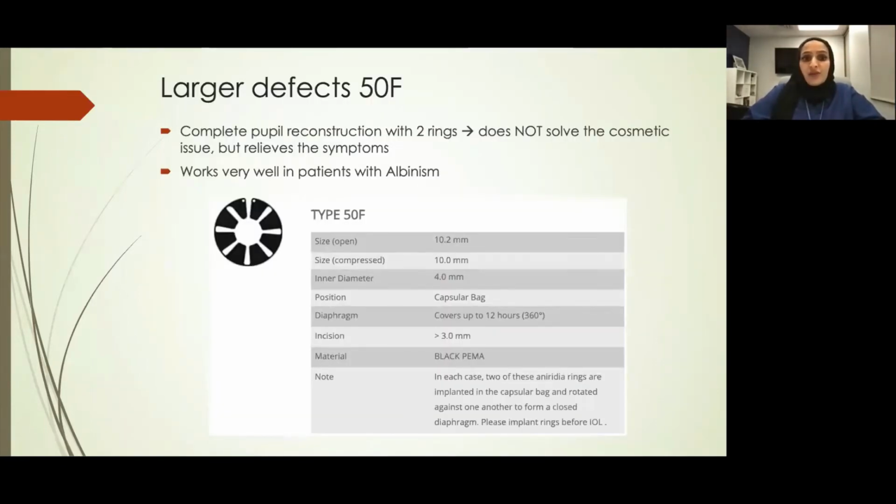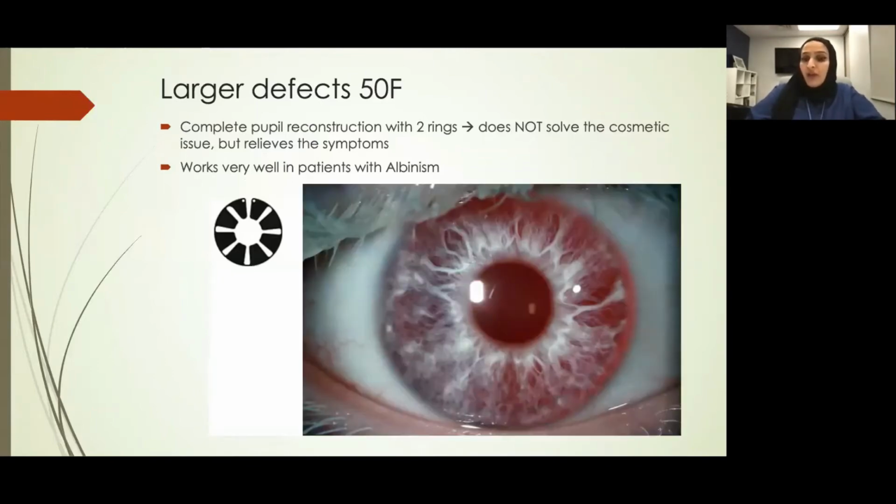Larger defects, as we said, we can use other types, which is the 50F. Here we can do the complete iris reconstruction with 2 rings. It does not solve the cosmetic issue, but relieves the symptoms. This is actually a very good device for patients with albinism, where you know the albinism patient, they have a perfect stroma, but the problem is with the pigment epithelium where they don't have pigments.